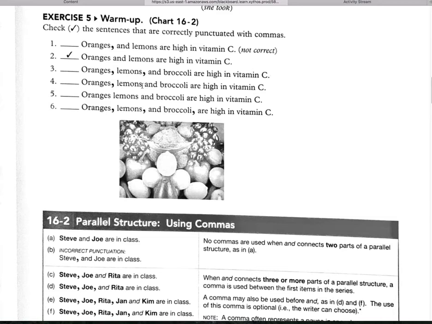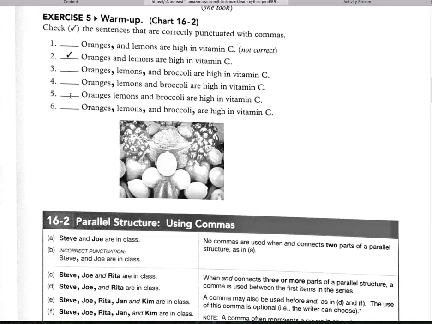But here, this is what we call an optional comma. That means it's up to you if you want to put the comma or not. My preference is to put the comma. But, for example, when you're writing an essay and you have 3 parts of speech or more with a conjunction, it's best to ask your writing instructor to see if he or she prefers for you to use the comma or not. Okay?